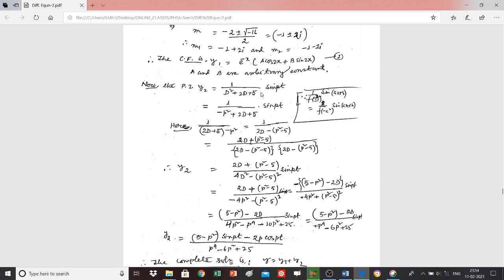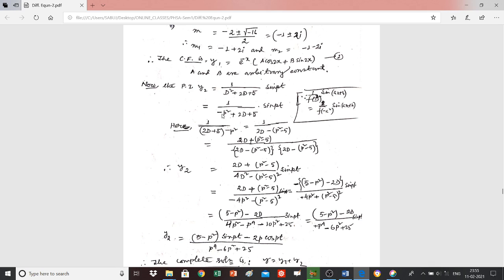Now to find out the particular integral, you can use the formula 1 by D square plus 2D plus 5 sin bt. You know that in this case D square should be replaced by minus a square, where a is b, so minus a square means minus b square.